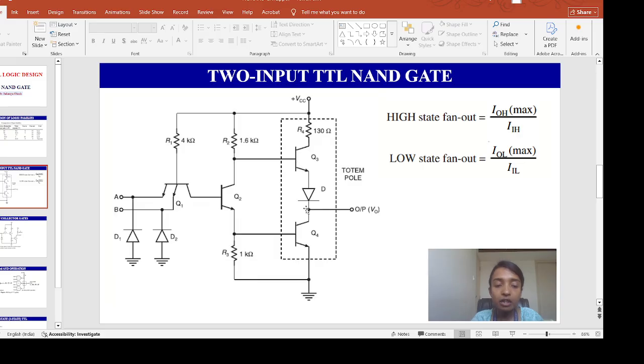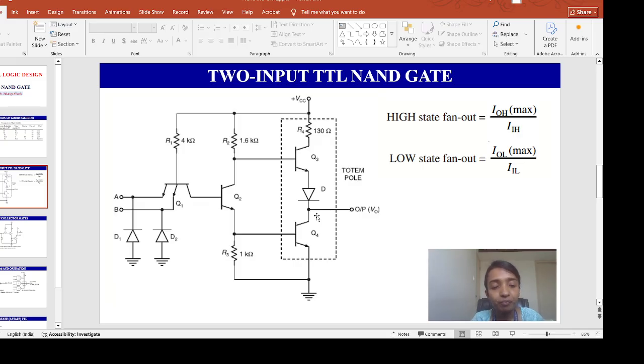So TTL circuits suffer from internally generated current transients or current spikes because of the totem pole connection. Another disadvantage is totem pole outputs cannot be wire ANDed. We will see what a wire AND connection is. That is, outputs from a number of gates cannot be tied together to obtain the AND operation of those outputs.